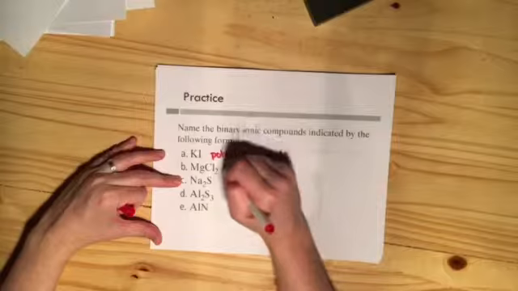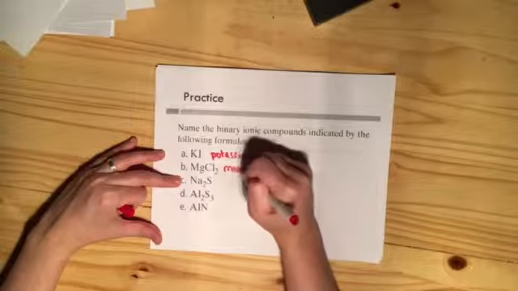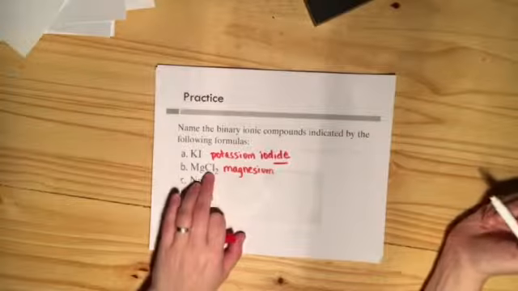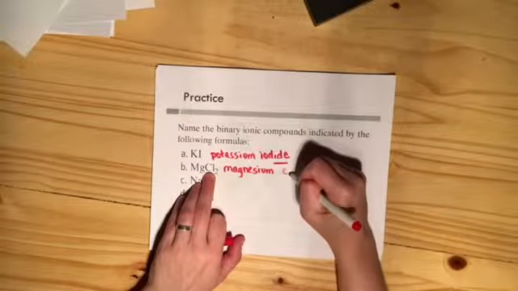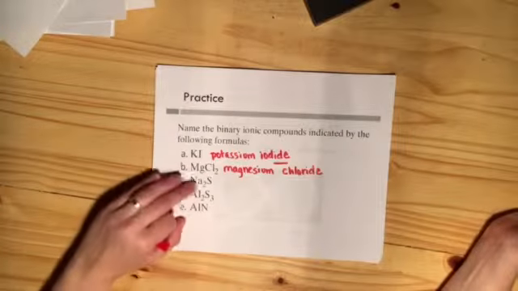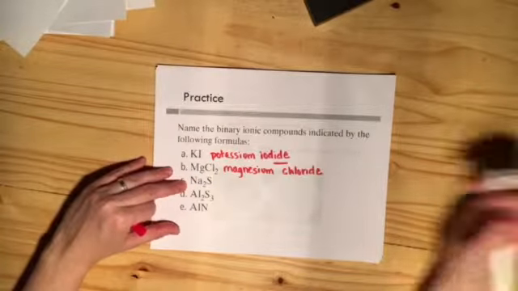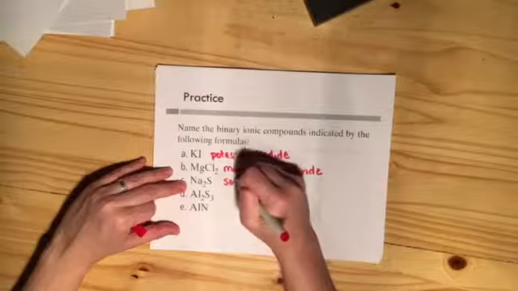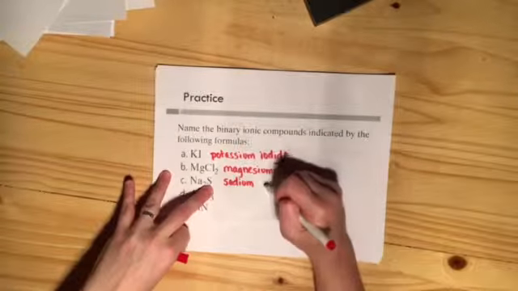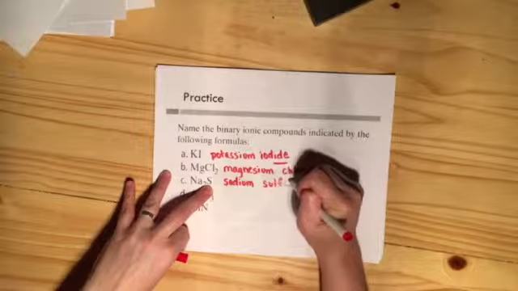MgCl2, that's magnesium, and this is from chlorine. We'll change the ending to "ide." Magnesium chloride. Na2S, sodium, and then we've got sulfur that becomes sulfide.